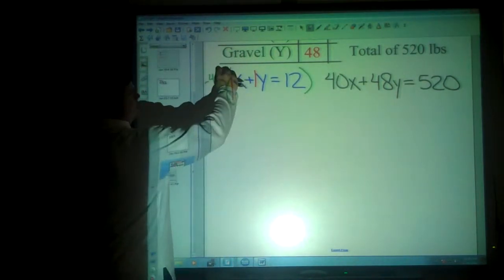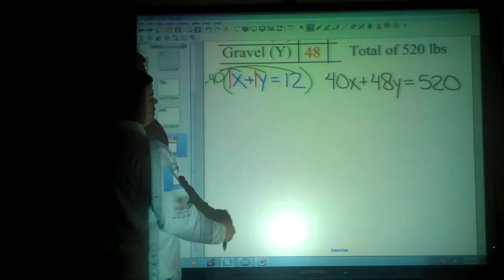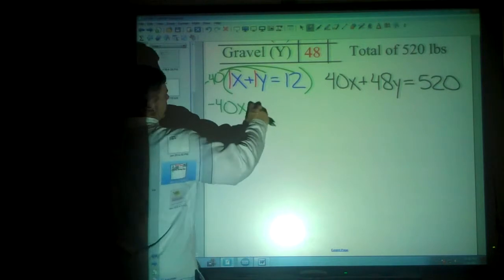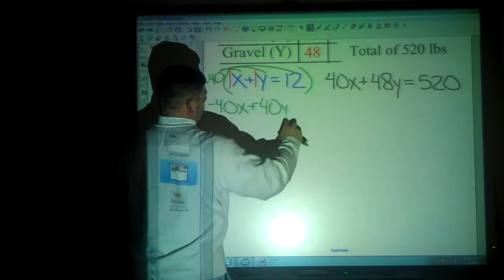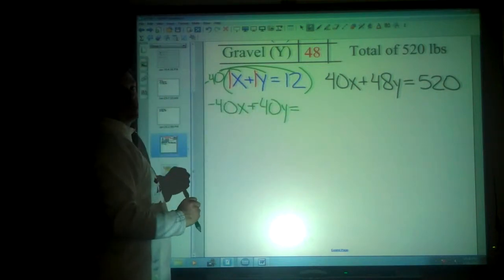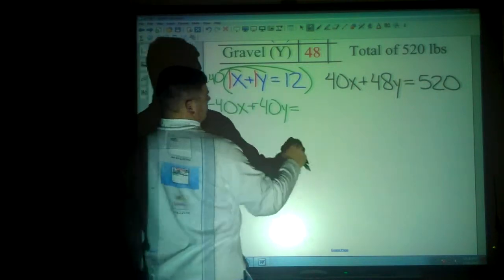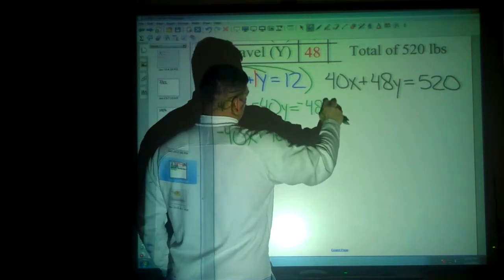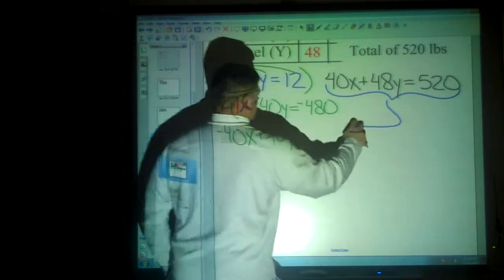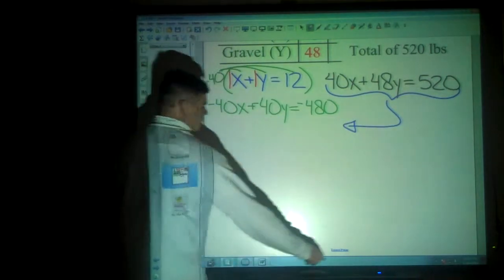So everything's going to get multiplied by negative 40, and that's going to result in negative 40x plus negative 40y is equal to negative, and when you multiply 4 times 12 you get 48, so 40 times 12 would be negative 480.